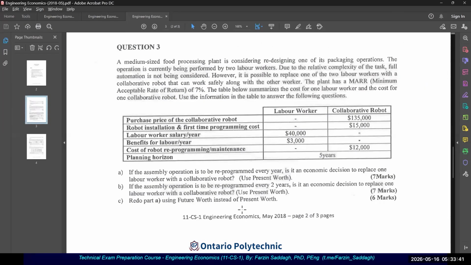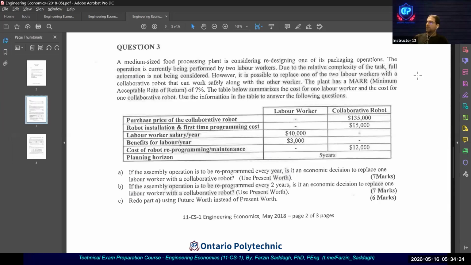I think we had a question that talked about a worker and something like salary. Yeah, we had something very similar. It was about operation cost, as I remember, and the new option was automation. Yes, similar to this. Due to the relative complexity of the task, full automation is not being considered.